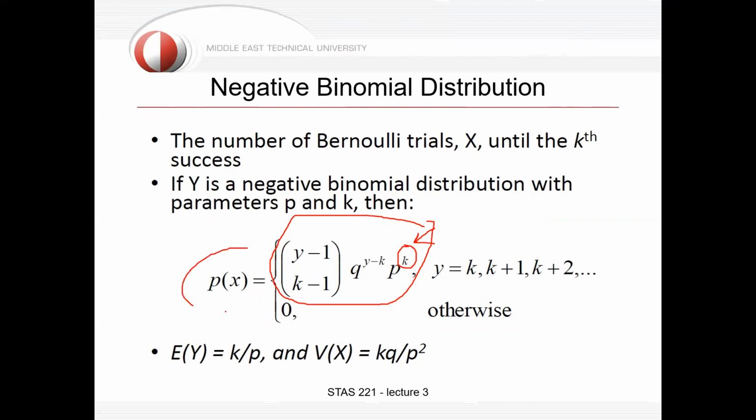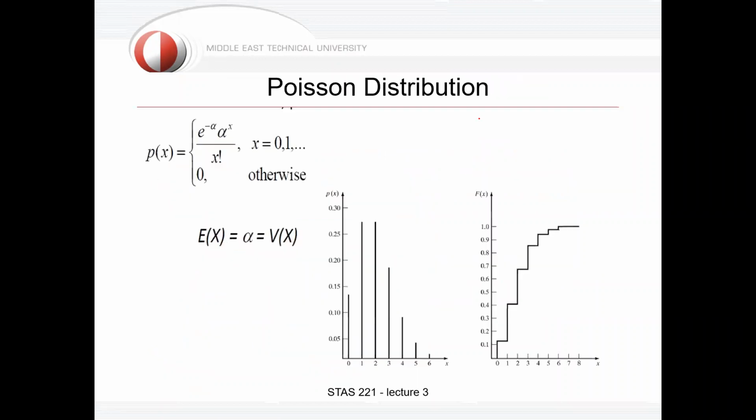In terms of probability, you can find it using this, and in terms of expected value, you can use these two. This distribution is very important for us, and we should also distinguish it from the binomial distribution.